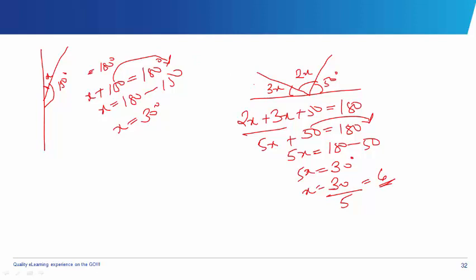Therefore, if x is 26 degrees, it means that here will now be 26 times 3, which is 78 degrees.